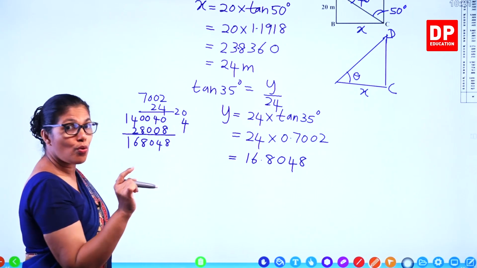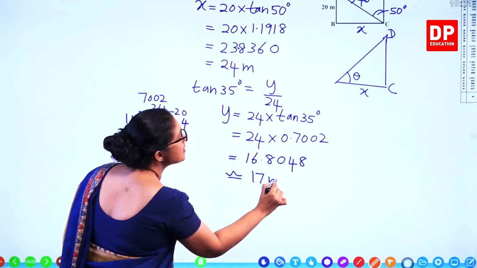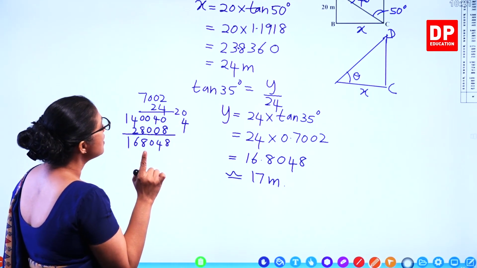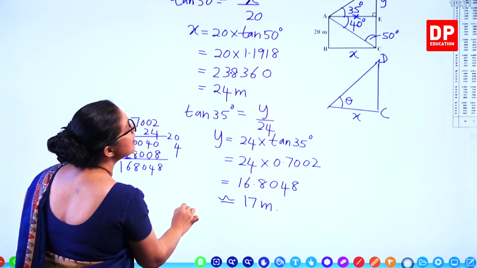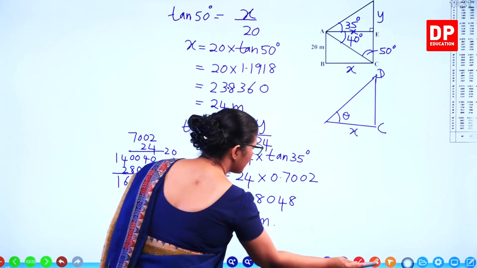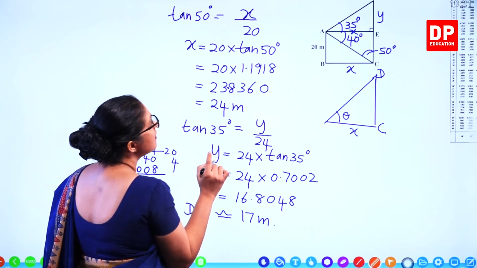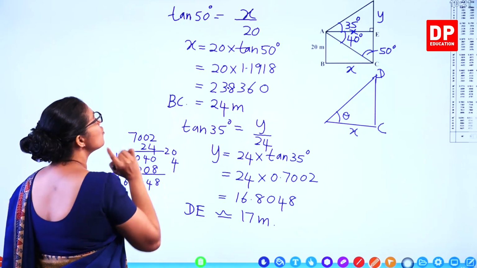To the nearest whole number, that's 17 meters. So that's the Y value. So we found Y, which is DE, and X, which means BC. We found these two values.